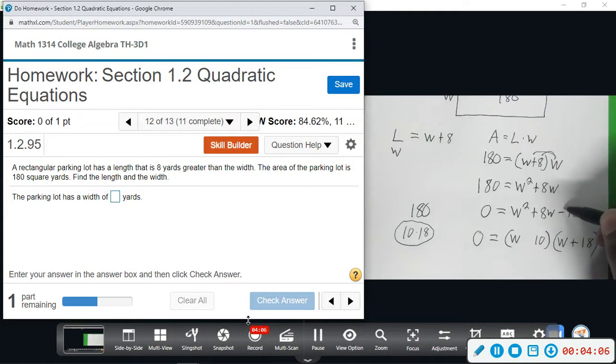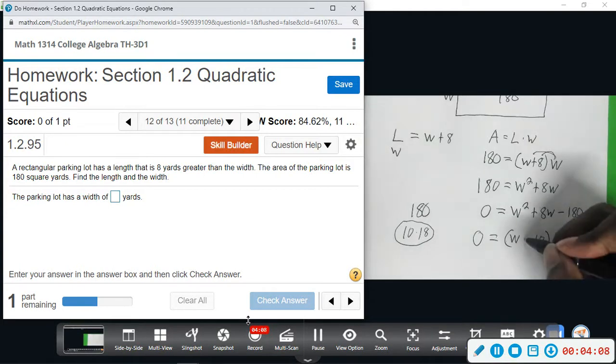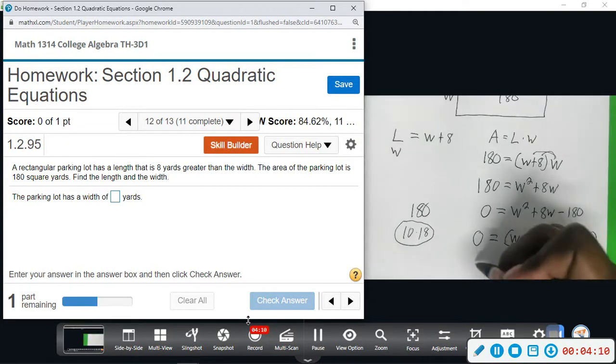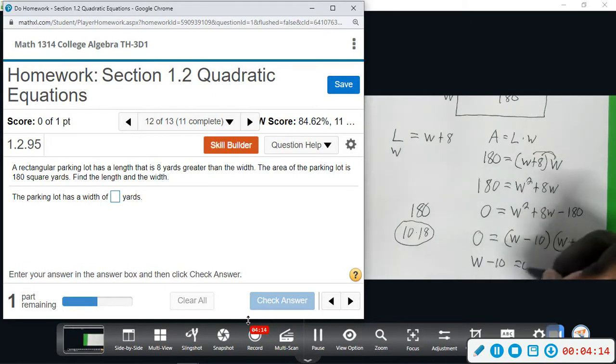And then the signs are going to be different, so this has to be negative. And then when we set them equal to 0, and we add 10, we get W equals 10. And then if we subtract 18, we get W equals negative 18.